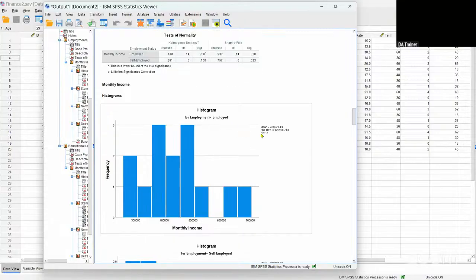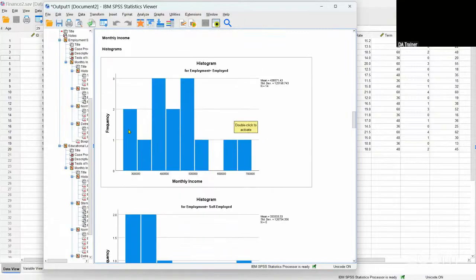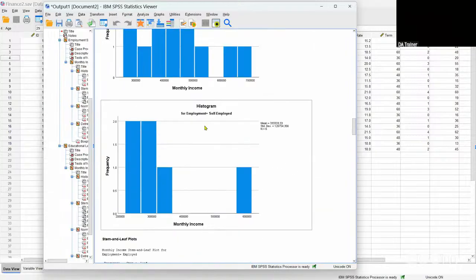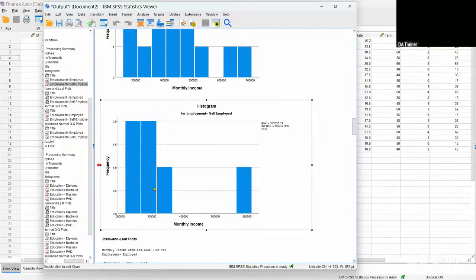Now we have our histogram that shows the frequency of monthly income for the employed, and then we have that of the self-employed, right? For the self-employed, if you can see here, there is a gap between 350,000 and almost 580,000 to 600,000 in a month.